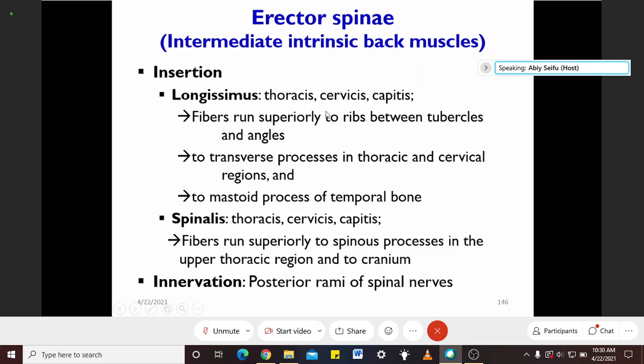Whereas the cervicis is inserted on the transverse processes, and the capitis is inserted on the mastoid process of the temporal bone. Spinalis cervicis.